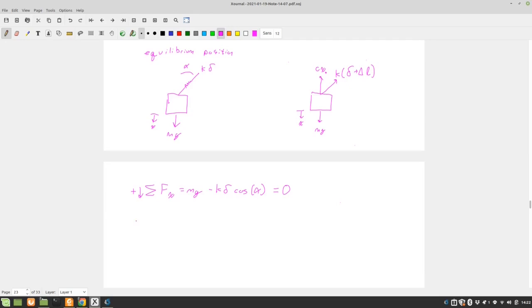And then in our displaced state, we still have positive down. Sum of forces in the x is equal to mg.